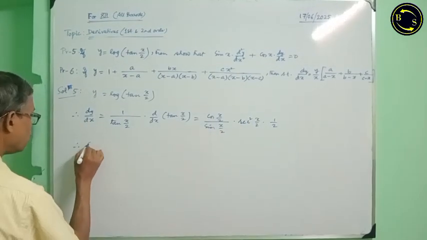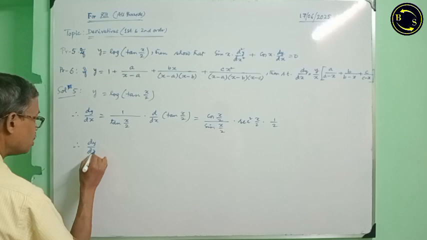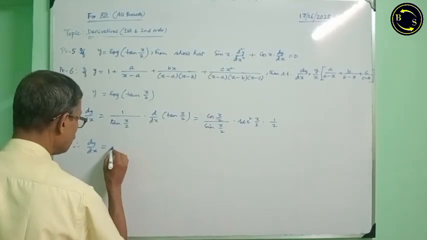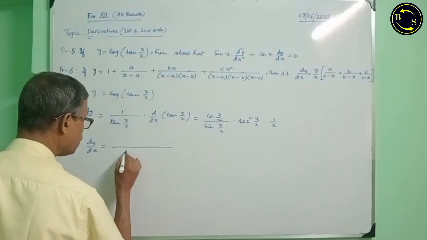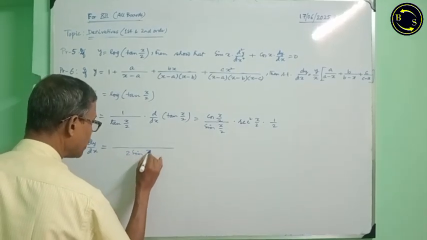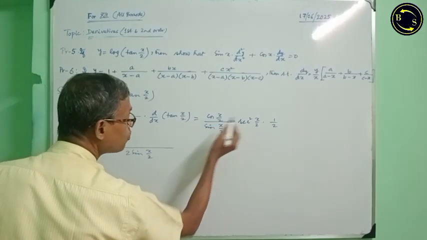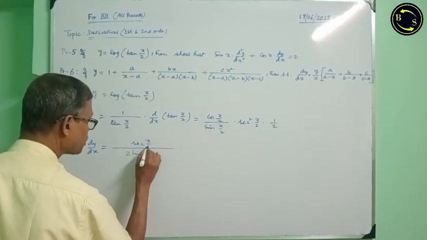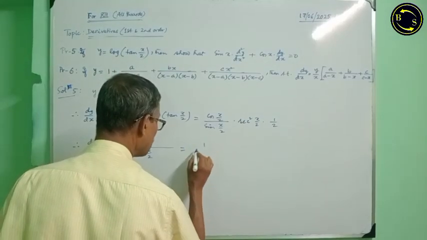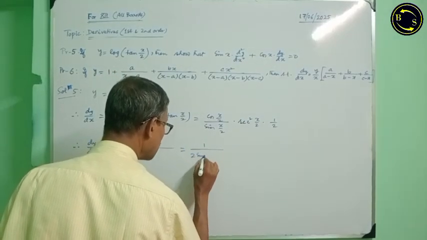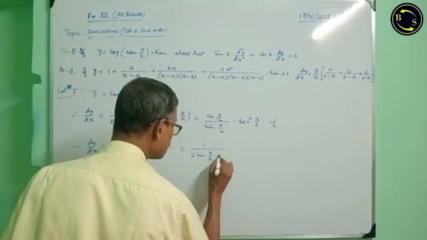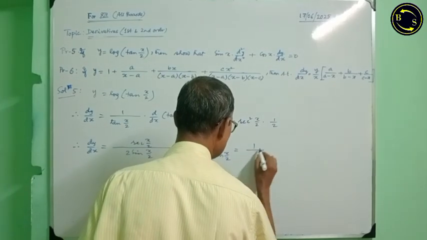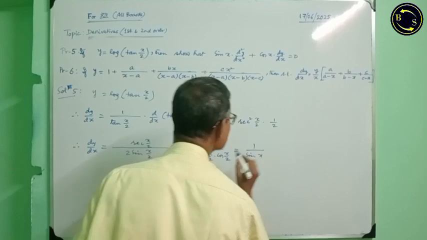Therefore, dy by dx is equal to 2 sin x by 2 cos x by 2 sec square x by 2, means sec x by 2, 1 by 2 sin x by 2 cos x by 2, that is equal to 1 by sin x.